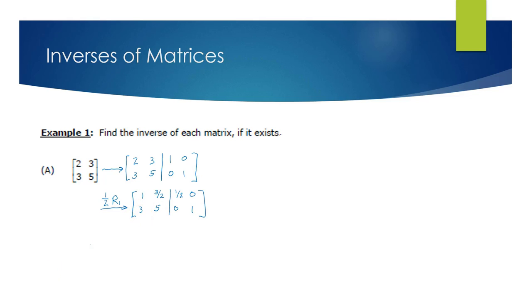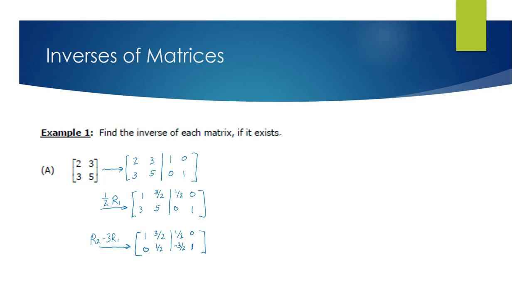So I'm going to take row 2 and subtract away 3 times row 1, and that's going to put the 0 down there. 5 minus 3 times 3 halves is 1 half. 0 minus 3 times 1 half is negative 3 halves. And 1 minus 3 times 0 is still 1.